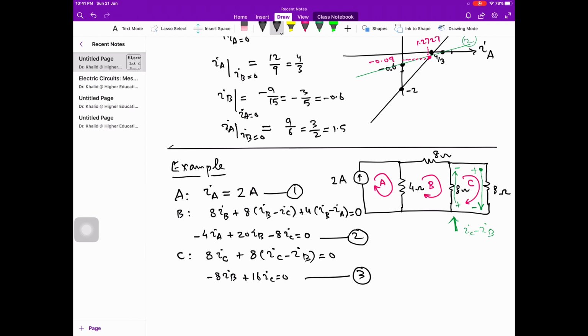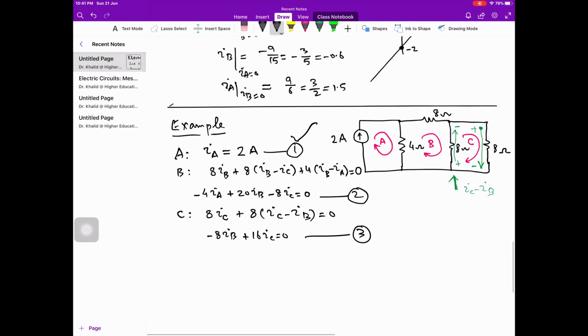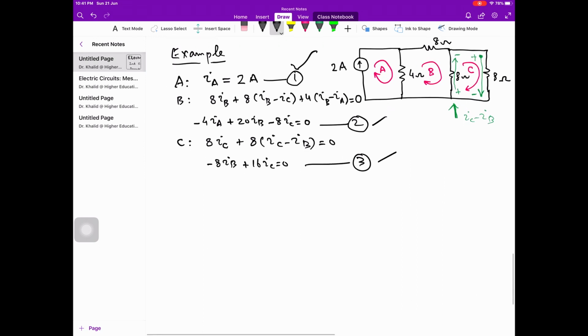Now we have got 3 equations. But note, look at equation 1. IA is known, and if we substitute IA in equation number 2 and equation number 3, the number of equations will be reduced. Look at equation 2.